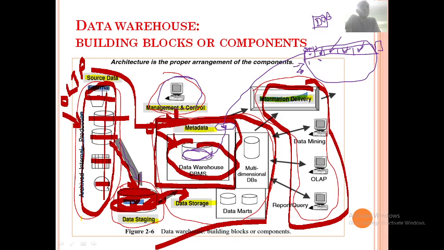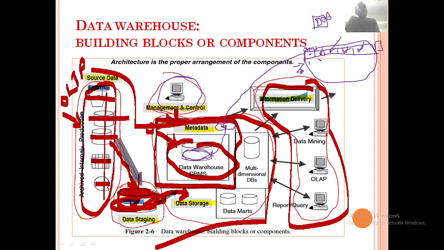It works with a database management system and enables the data to be properly stored in the repositories, in these databases. It monitors the movement of data into the data staging area and from there into the data warehouse storage itself. It observes all the activities done here.